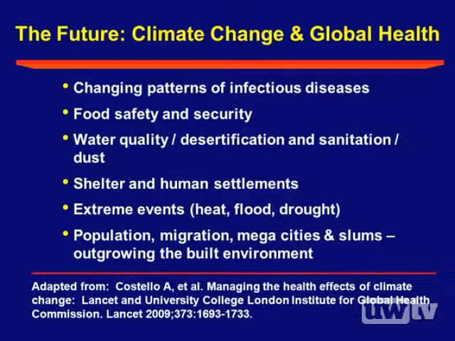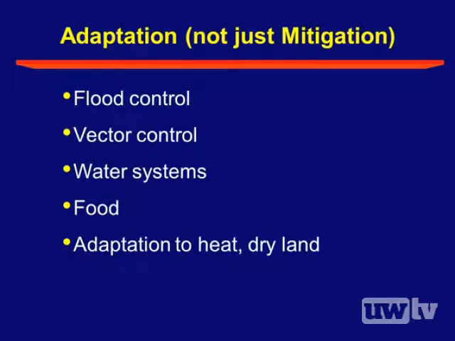And then finally, the emergence of mega cities as the population continues to go up. People move from the rural areas to the city, and you get these huge slums that are outgrowing our ability to design cities. So we adapt and not just mitigate by things like flood control, vector control, thinking strategically about water systems, food security, and adapting to heat and dry land.